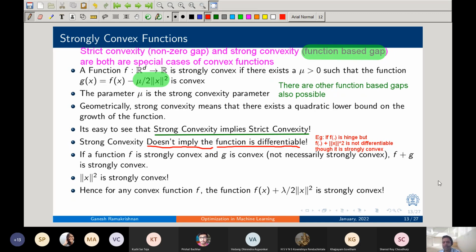You'll basically use the very well known inequality for convex functions, but you have to slap on the mu by 2 part. Some of this can be proved, you try and prove this. There are lots of inequalities you have to deal with.